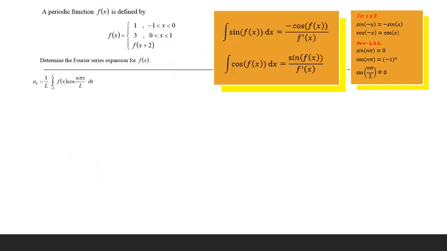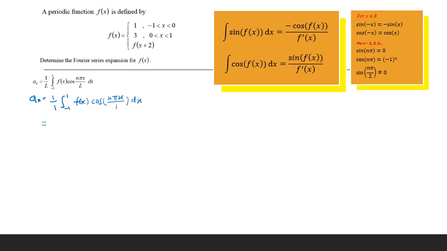Okay, next we find an. So an equal to 1 over 1, integrate from -1 to 1, the same thing. The difference is that we have cosine here, of n pi x with L equal to 1, dx.